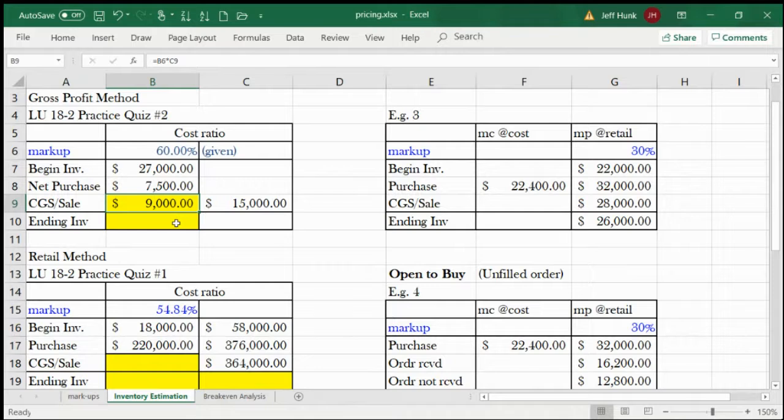And I've been telling you over and over from our third topic, financial statements, as we went over the income statement, I told you revenue and CGS are two sides of the same coin, right? CGS is simply the cost side of the revenue. Revenue is the price side of the CGS, right?